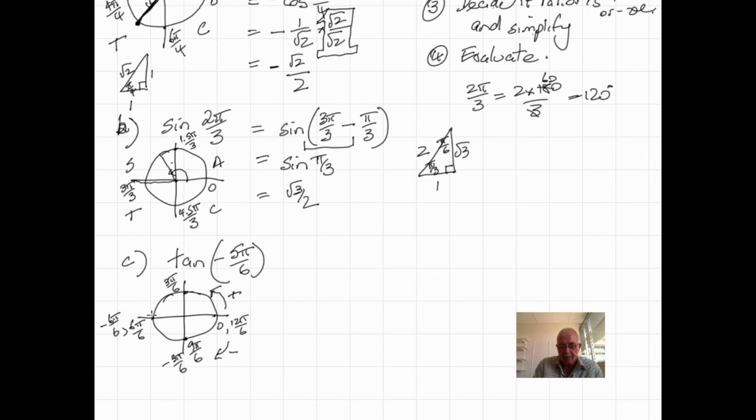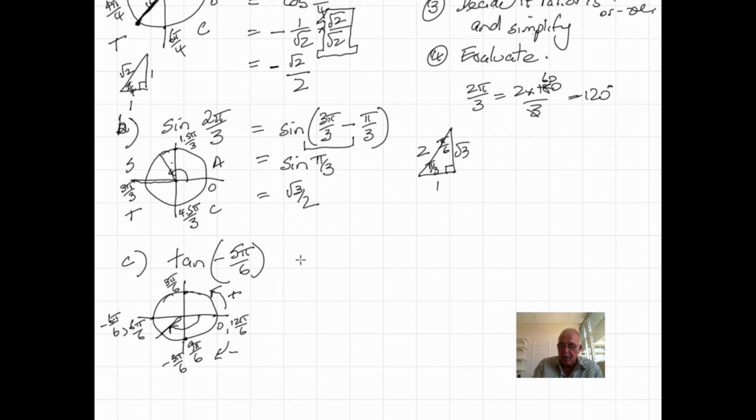If you go this way around 6 pi on 6, you've really gone around pi. If you've come this way and go back this way, you go negative 6 pi on 6 or negative pi. You still end up at the same point. So negative 3 pi on 6 is coming this direction around to there, and negative 5 pi on 6 is going to be somewhere in this quadrant here. So there is negative 5 pi on 6, starting there and going in that direction.